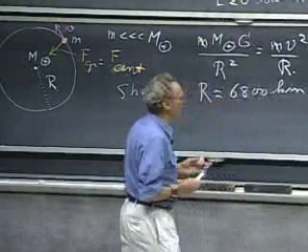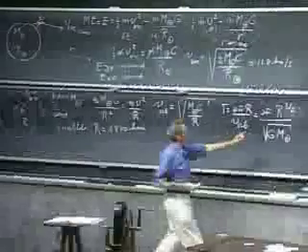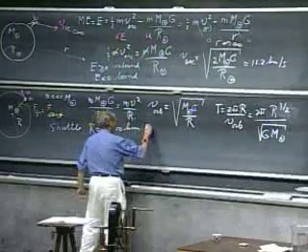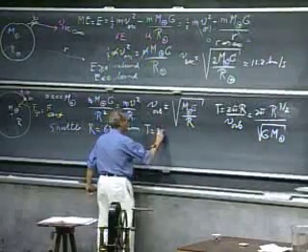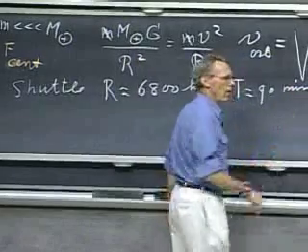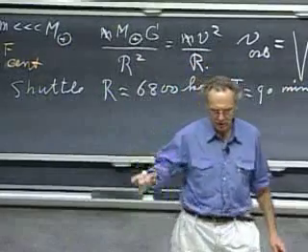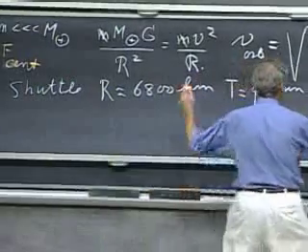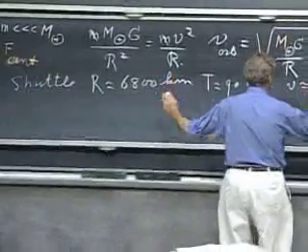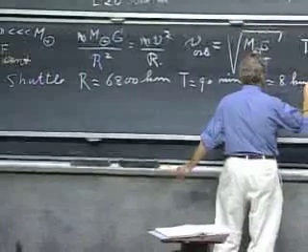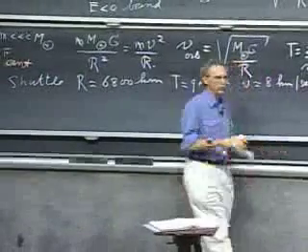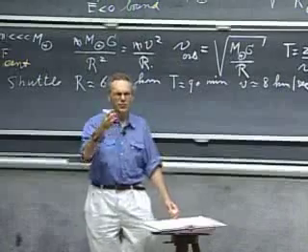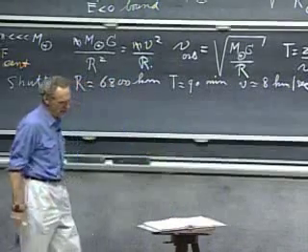You substitute that in here, the mass of the Earth and the gravitational constant, and you'll find that T is about 90 minutes, about 1.5 hours. The shuttle takes about 1.5 hours to go around, and the tangential speed is very close to 8 kilometers per second. And that holds for all near-Earth orbit satellites, whether they are 400 or 500 or 600 kilometers; that doesn't change very much.